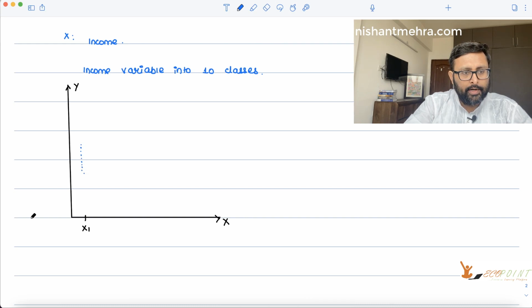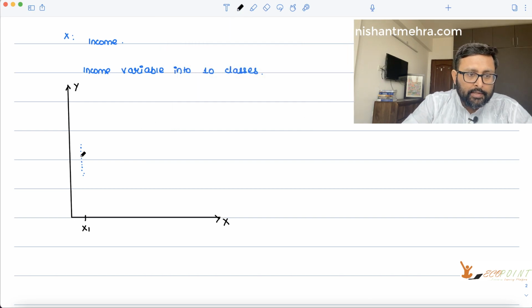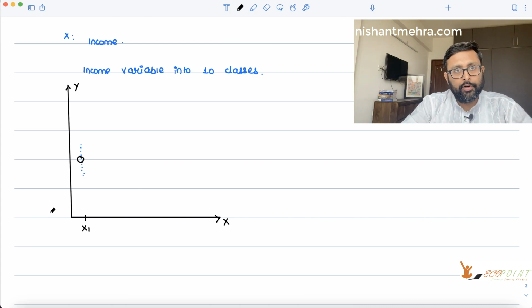So you've got 10 people and those people have got between 250 to 300. So you've got the data here for X1 level of income, which is 2 lakh and below, and these are the scores in CBSE board exams, and the mean here, let's say, is 260. So this is the mean.